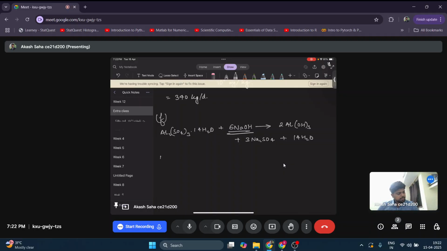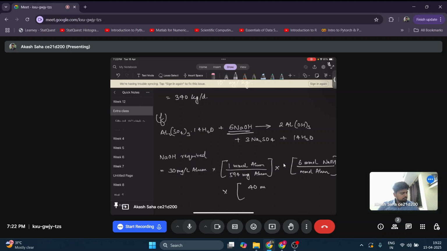So how much NaOH required? NaOH required will be equal to 30 milligram per liter of alum, 1 millimole of alum by 594 milligram of alum, 6 millimole of NaOH, because that's where the equation is coming, per millimole of alum into 40 milligram of NaOH, because that is the molecular weight, divided by millimole of NaOH.